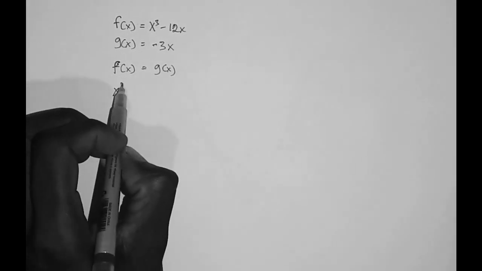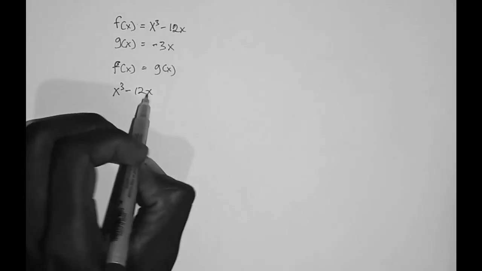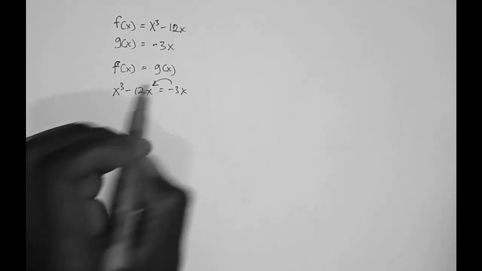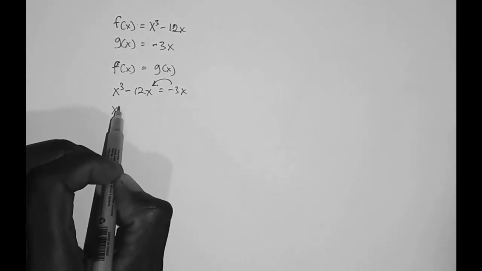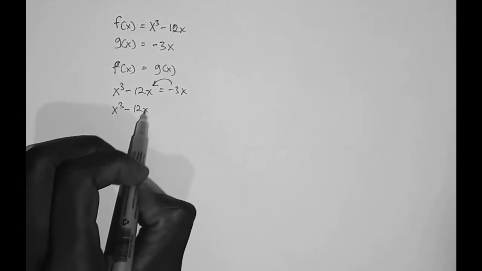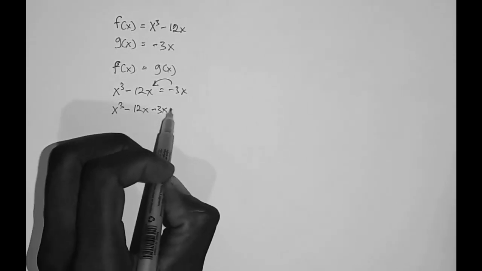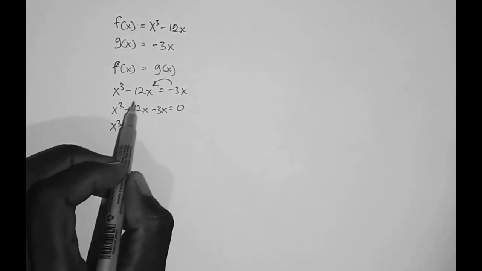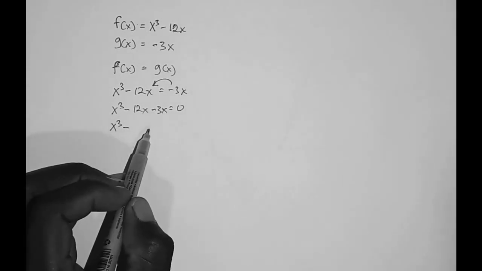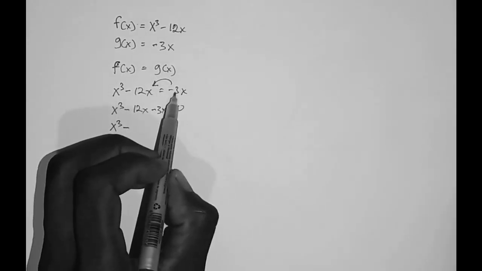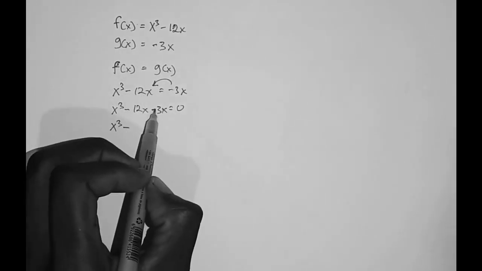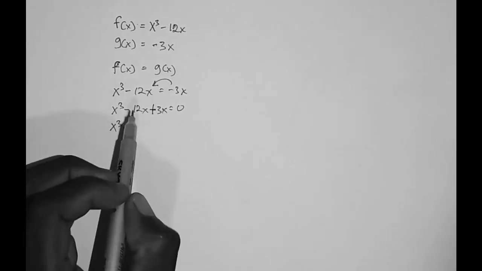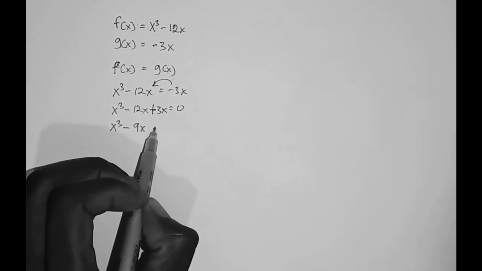So this implies that x cubed minus 12x is equal to minus 3x. So let's bring minus 3x to this side of the equation. Sorry, so this minus 3x has come to the side, so it becomes plus 3x. So it becomes minus 12x plus 3x. This becomes minus 9x equals 0.